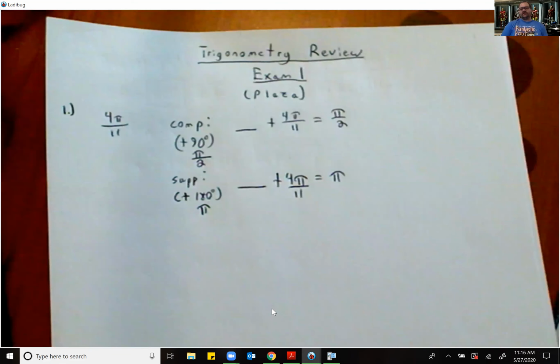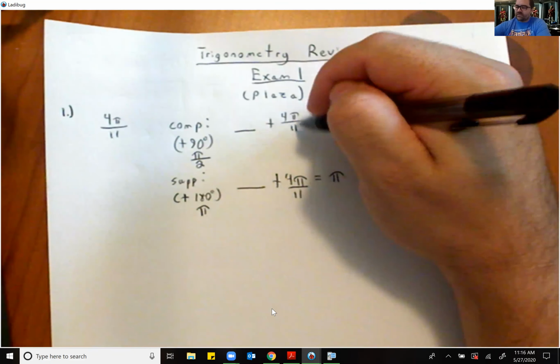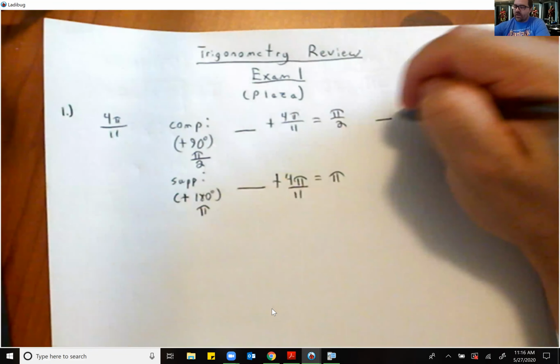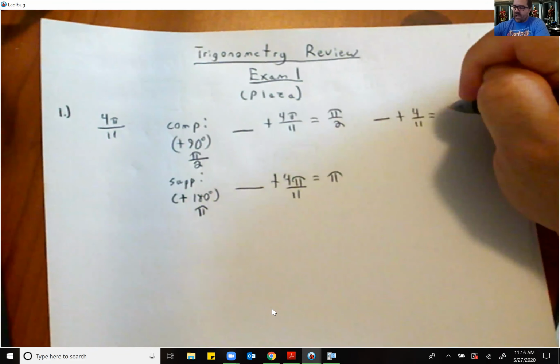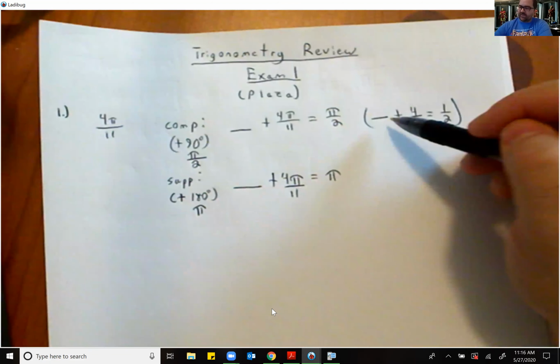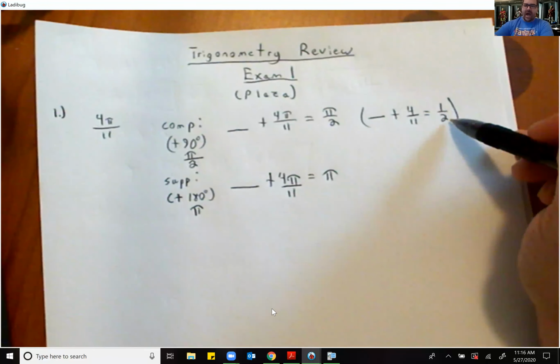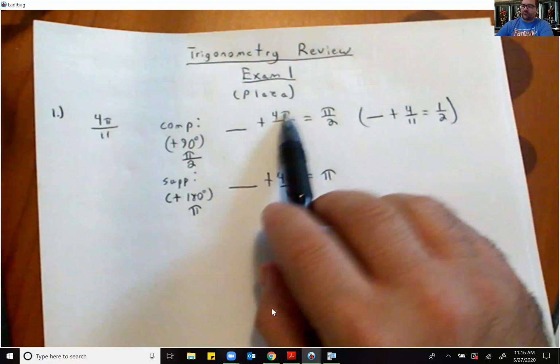Okay, this is really just fraction work. This is like having what plus 4/11 equals a half. That's what dealing with radians is like. So what fraction do we add to 4/11 to equal 1/2? Okay, and then pi is just going to come along for the ride.